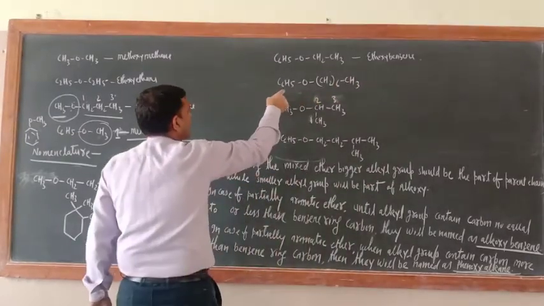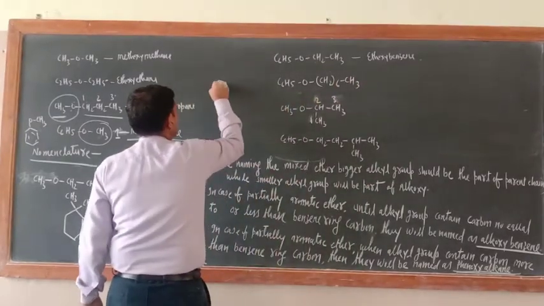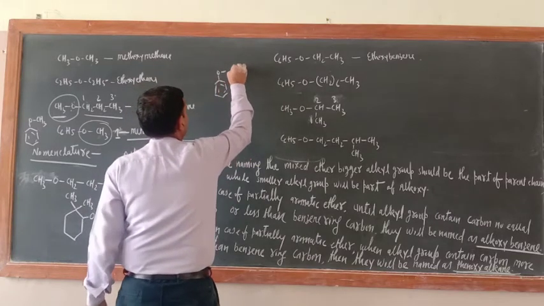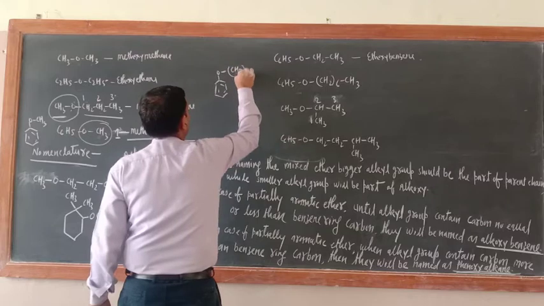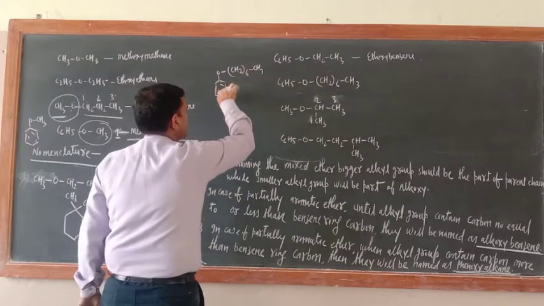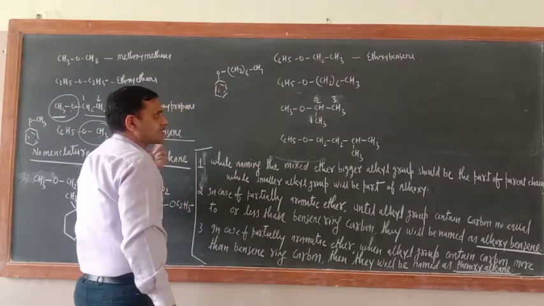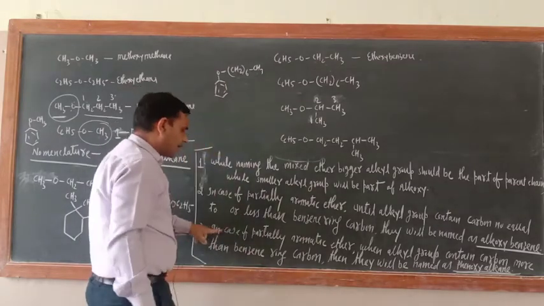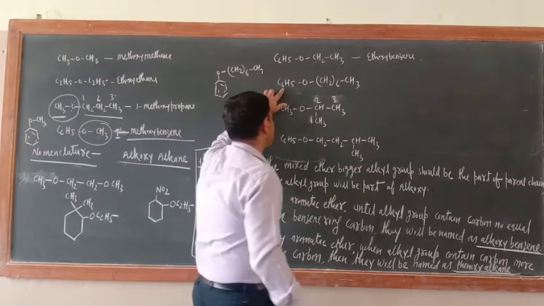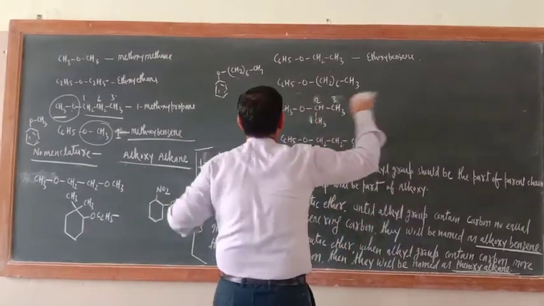But what about this one? Just see here, their structure. This O, and here in the alkyl group how many total carbon atoms are there? 7 carbon atoms are there, and in the benzene ring how many carbon atoms? 6 carbon atoms. So now the third rule will be applicable. Now just see, number it.